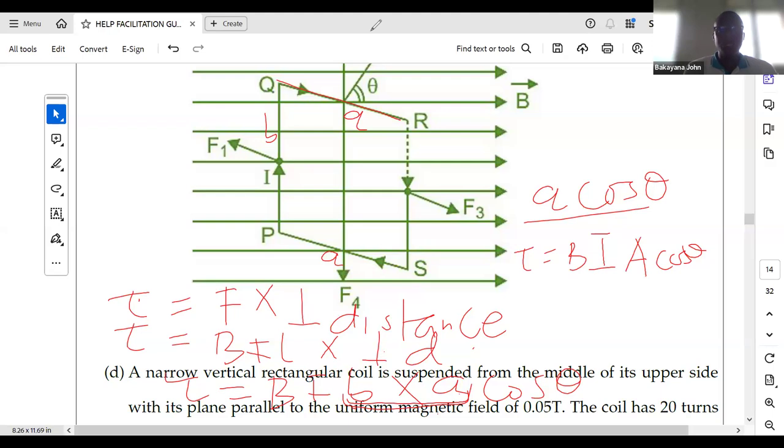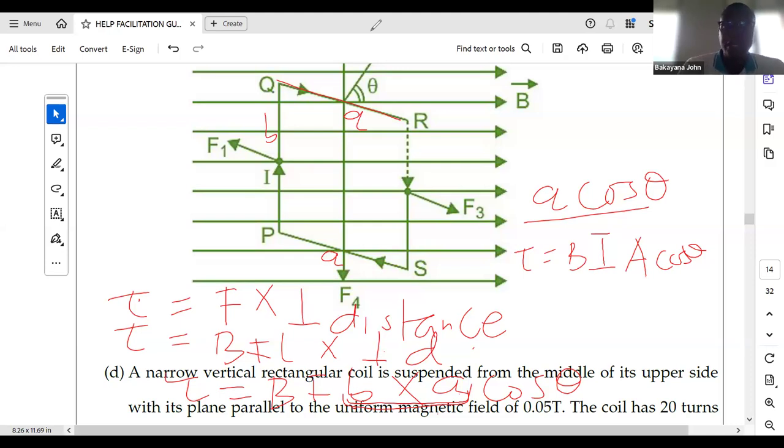We shall not go into details, but you'll find in some questions or derivations the final result is a sine. It depends on the angle. Which angle are they determining? Is it between the normal to the coil and the magnetic field, or between the plane of the coil and the magnetic field? It depends. But we shall not go into the full details.